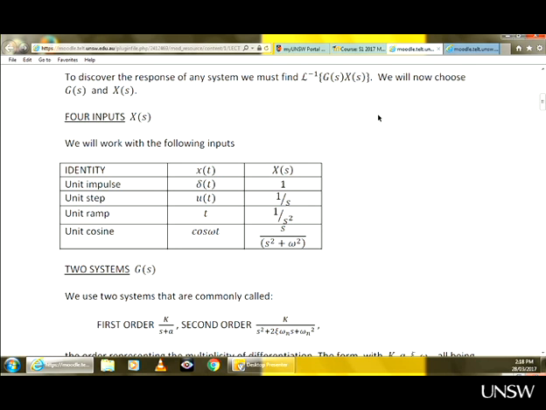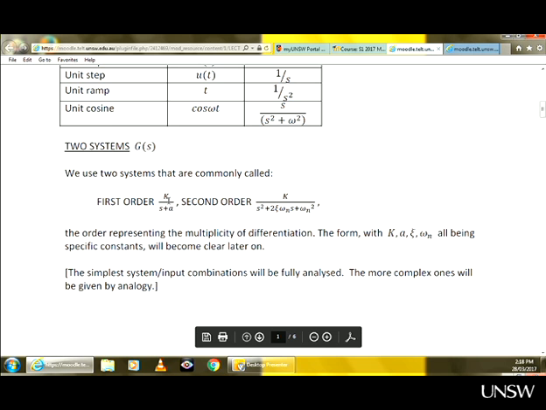Okay, so just quickly, what we did last week is analyze different systems under different inputs. So when you apply different inputs, how do those systems behave? We did the full analysis for first-order systems.